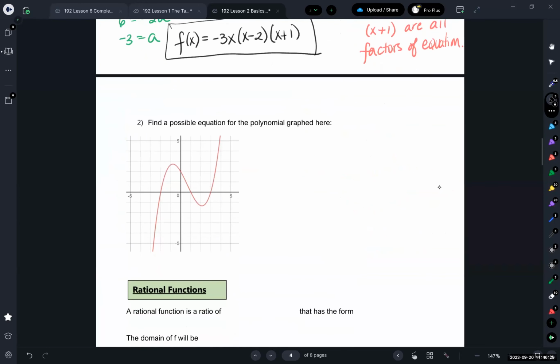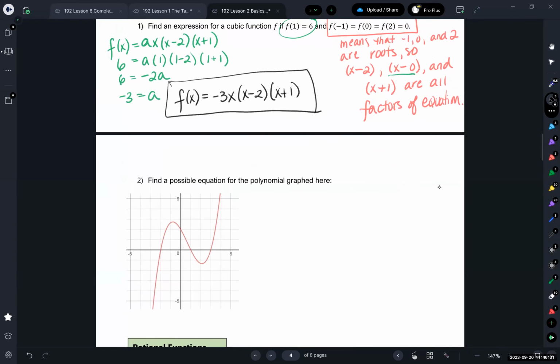So actually, the last example we have here is exactly the same thing. It's just that the information is given to you in a graph form instead of in an equation form. It's asking you to find an equation for the polynomial graph here. I'm going to give you a chance to try this. So I'm wanting you to put the video on pause in just a second, but look at those 3 points there.